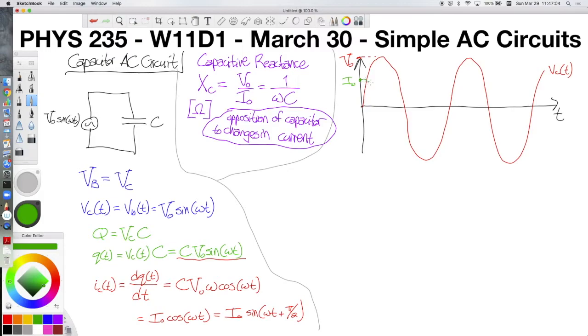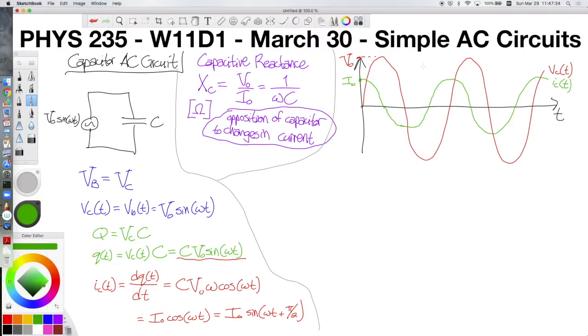We start off at our max, we hit our 0 here, and we hit zeros at the opposite times that the other graph is hitting zeros. This shouldn't actually be getting smaller over time. That's just my lack of ability to draw things clearly. So this is the current in the capacitor as a function of time with maximum value I naught.